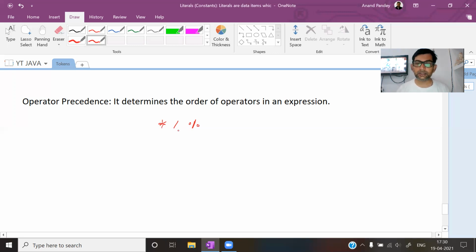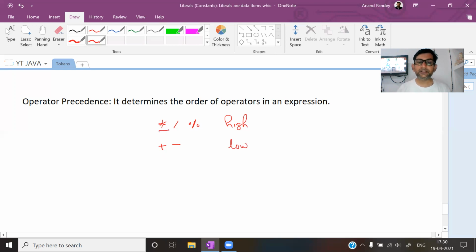No, all three have the same precedence, but higher than plus and minus. Plus and minus have the same precedence, the same priority, but lower than multiplication, division, and modulus.